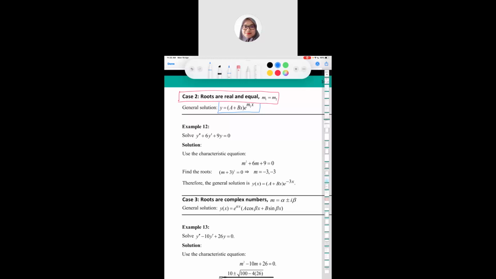You dapat jawapan kat sini dia bagi x sama dengan 3. Kalau you buat, you perasan you akan dapat jawapan sama dengan 3 sahaja. Jangan letak jawapan m sama dengan 3 saja, kalau you letak macam ni means that you tak faham konsep. Kalau quadratic you kena ada dua roots, walaupun calculator you bagi satu.